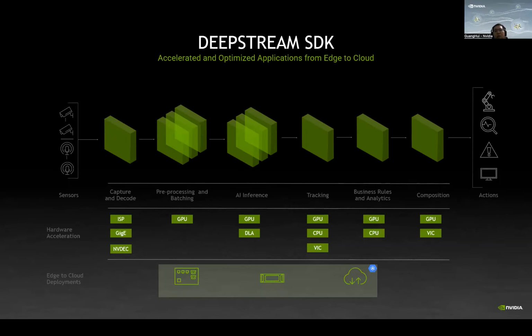You line them up based on your use cases. These plugins do a lot of hardware acceleration, so you do not need to care whether a plugin is running on our NVDEC decoder API or the GPU cores. All of this is handled automatically by the DeepStream SDK, so you just need to focus on the application level to form the overall pipeline.